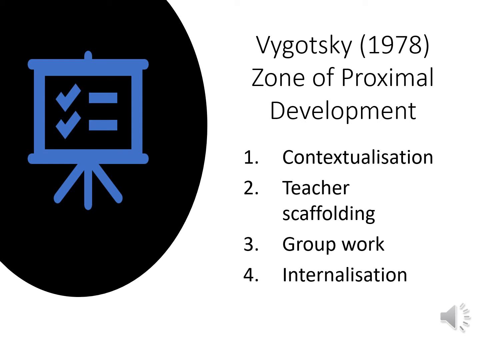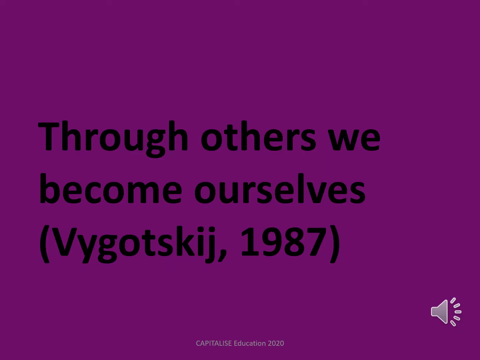The second step is the process where the teacher engages in scaffolding. The third step is collaborative group work. And the fourth step is when the student internalizes the learning themselves. This is illustrated by a quote from Vygotsky, "Through others, we become ourselves."